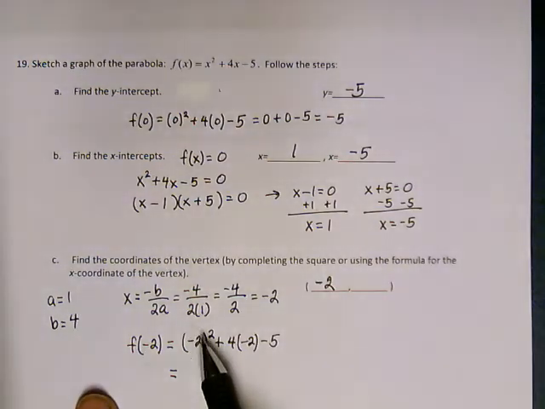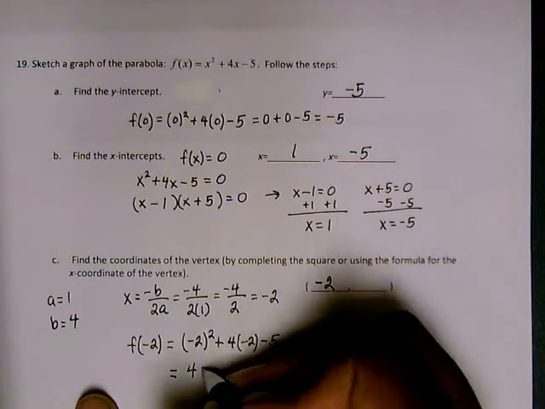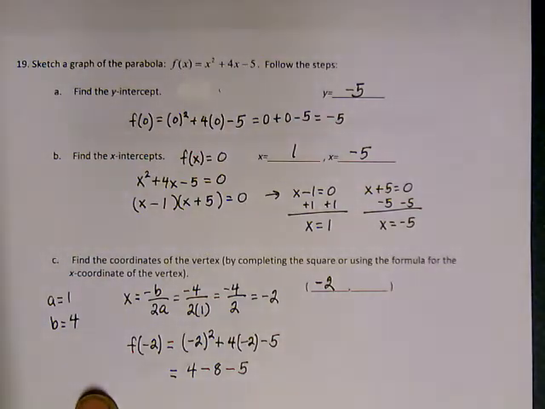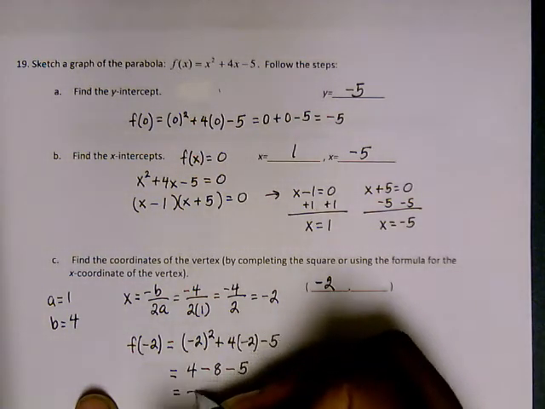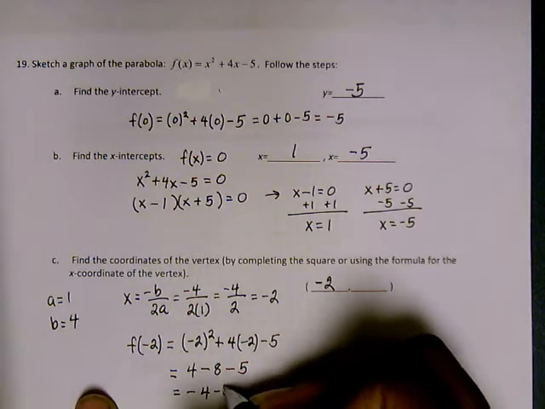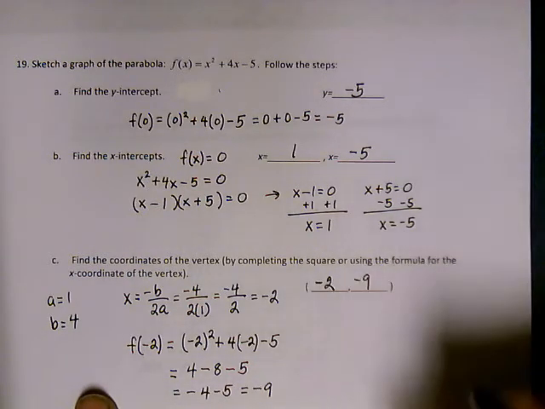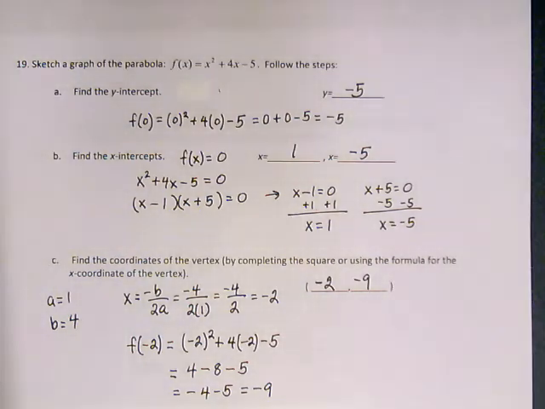In this case, negative 2 squared is negative 2 times negative 2, which is 4. And then 4 times negative 2 is going to be minus 8, minus 5. Now 4 minus 8 would be negative 4. Negative 4 minus 5 will end up being negative 9. So the y-coordinate there will be negative 9. So the ordered pair for that vertex will be negative 2, negative 9.